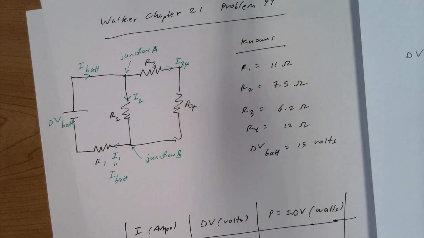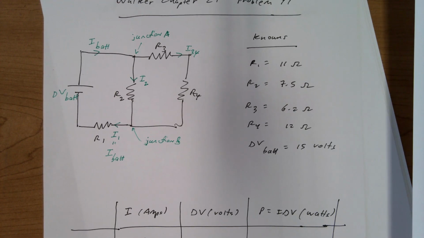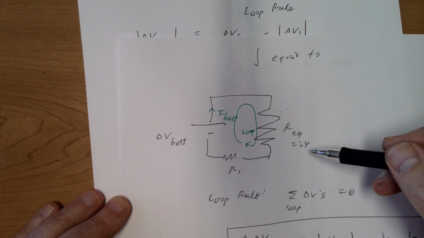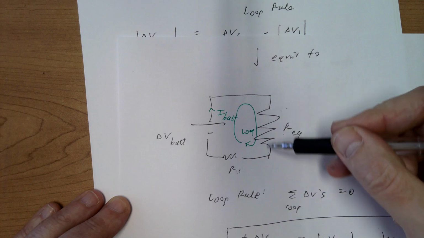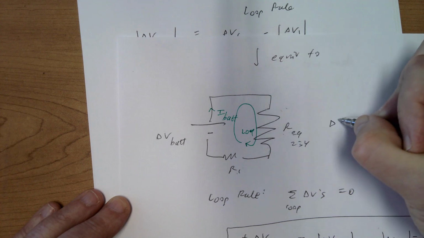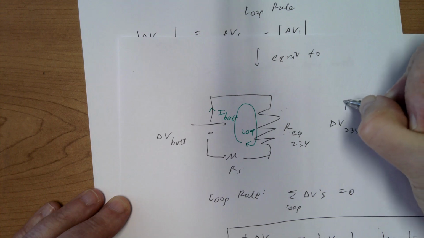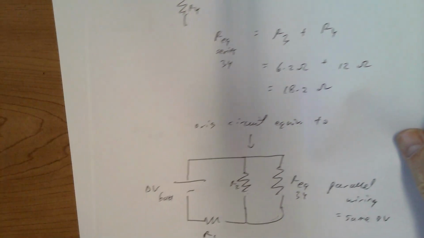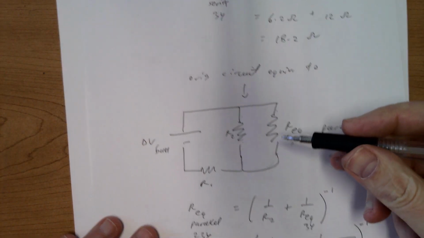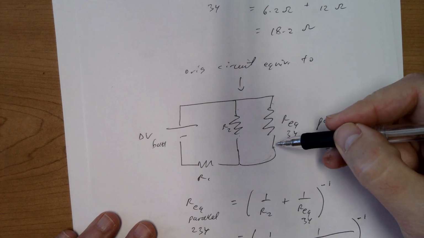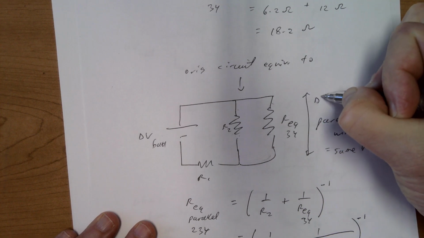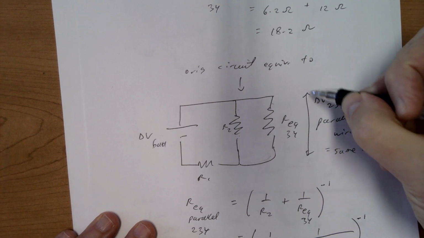So notice, I'm working from this equivalent circuit here. I just found that voltage difference, delta V 234. Well, but that circuit is equivalent to this intermediate one that I had. So this is also delta V 234.